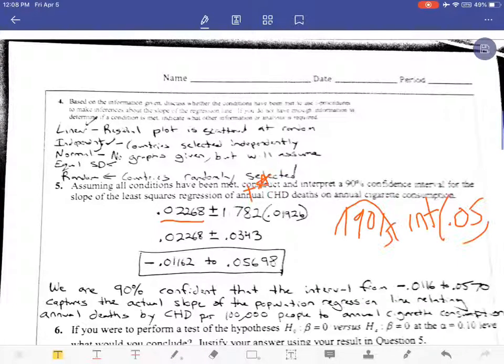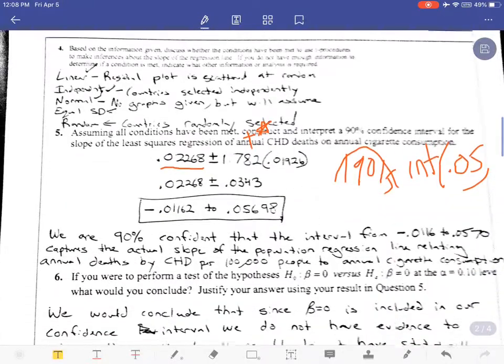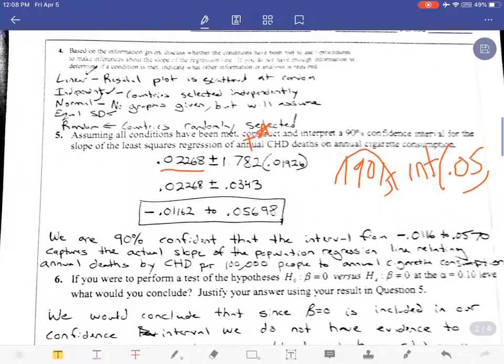And I believe we had a sample size of 14. Yeah, 14. So then you put 12, because it's sample size minus 2 for these regressions, which again is different from proportion and mean confidence intervals. So make sure you remember that slightly different rule. When you plug that into your calculator, it comes out to 1.782.